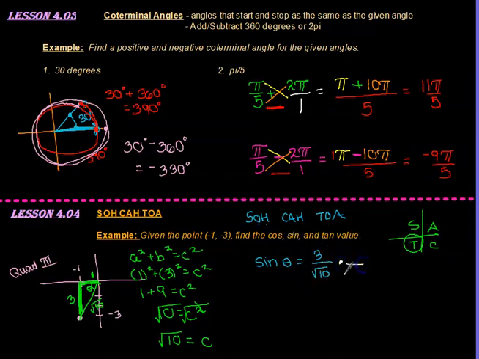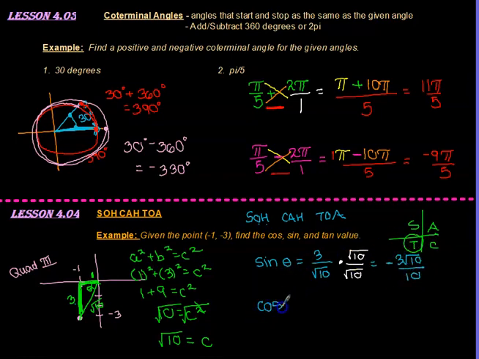We rationalize it, meaning we multiply it by itself. Whatever we do here, we do the same to the top to keep it balanced. And that would give me 3 square root of 10 over 10, because square root of 10 times square root of 10 is square root of 100, which is just 10. And luckily we're right here.